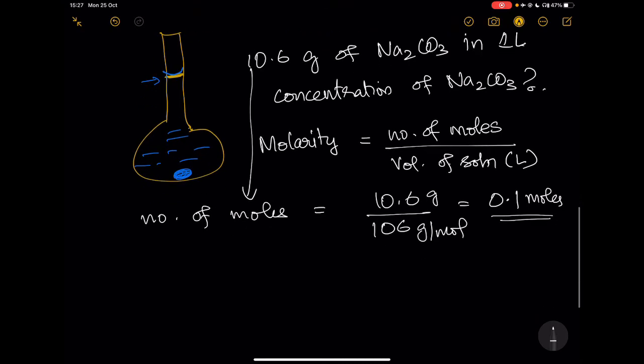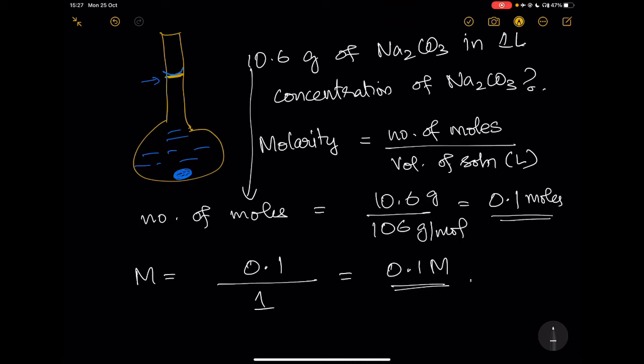So with that being the premise, we said molarity is given by the ratio of the number of moles to volume of solution in liter. So this is going to be 0.1 molar. One has to be a little careful here in using the number of moles, because in this example, whatever I have taken, you have Na2CO3, that doesn't have any further complications.